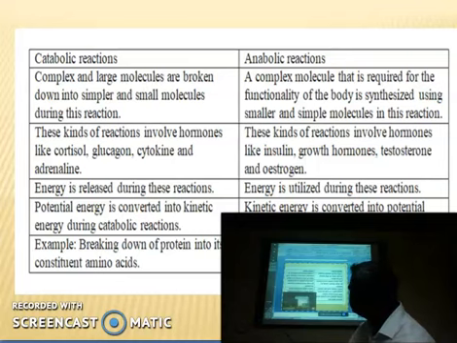Catabolic reactions involve hormones like cortisol, glucagon, adrenaline in the human body. Anabolic reactions involve hormones like insulin, plant growth hormones, testosterone and estrogen. This is the difference between catabolic and anabolic reactions in human beings, but you have to understand it for plants as well.